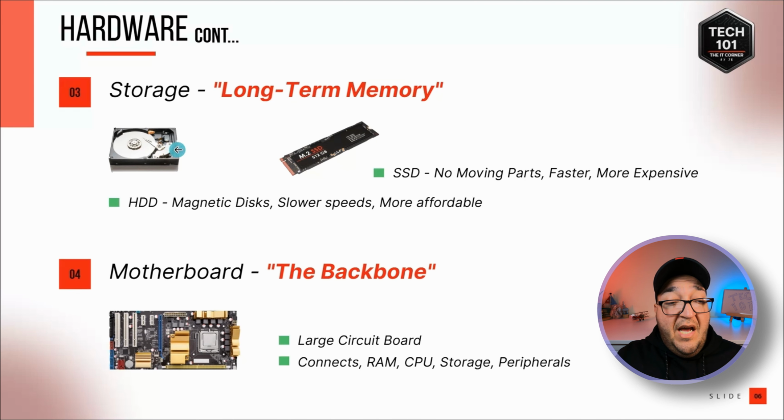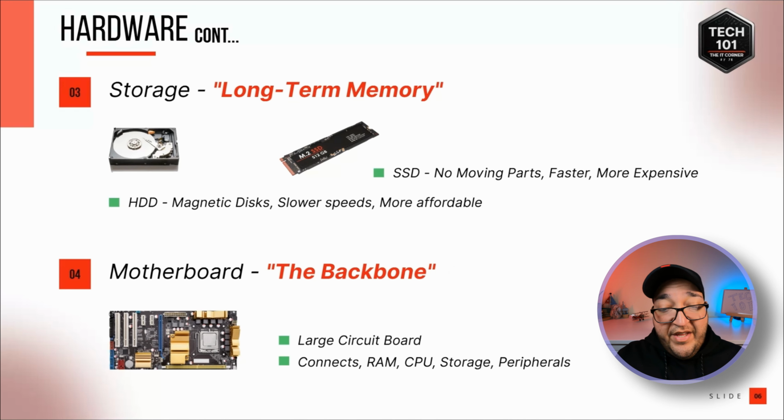Now you might be thinking about how all these parts work together. So enter the motherboard. This is the backbone, right? The board is a large circuit board that connects all components together: the CPU, the RAM, storage, power, peripherals, which means USBs and graphics cards and all that good stuff.